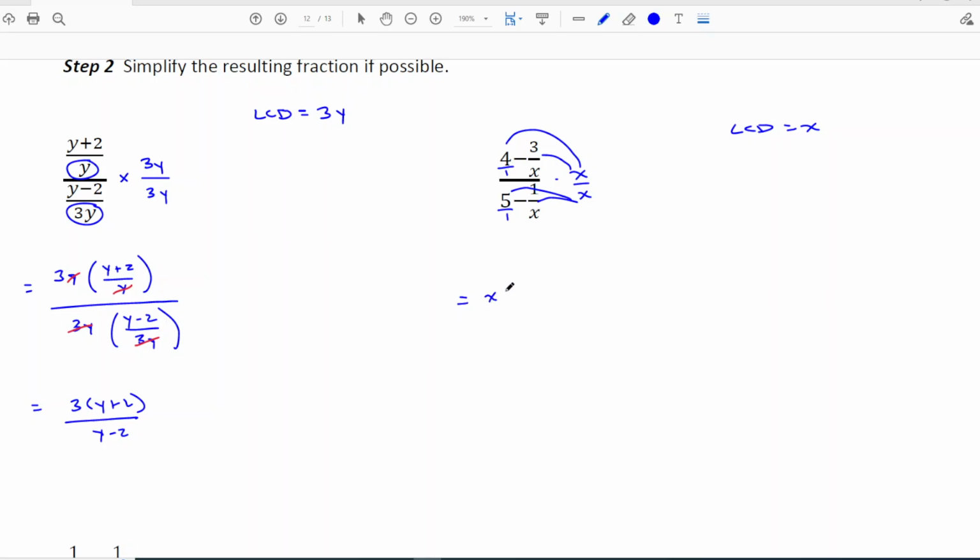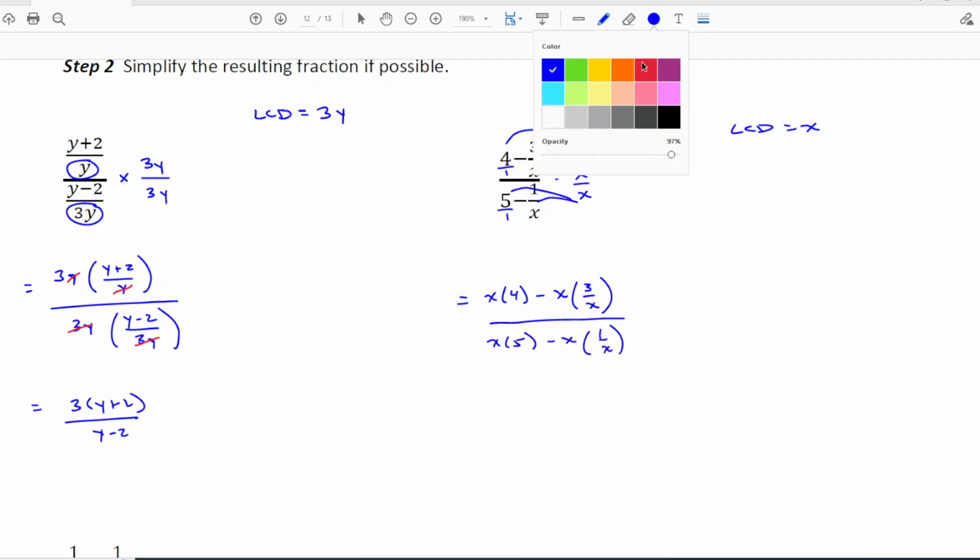The way that I show this is I multiply every single part of the numerator by x, and then I multiply every part of the denominator by x. And then all of the things that make it complex, all of my fractions within the fraction, will simplify.